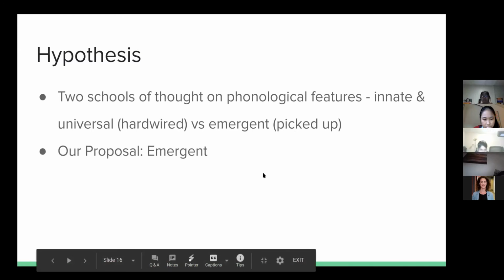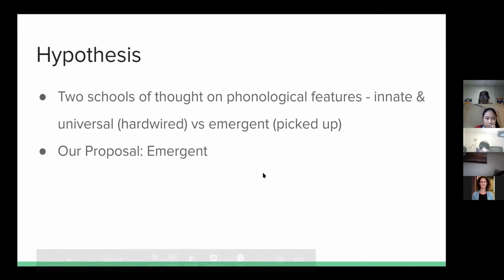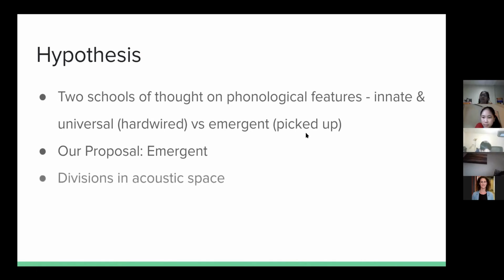The proposal we're trying to support with this project is the emergent school of thought. We believe that a learner starts out with a blank slate, and as they hear more and more phonemes and recognize that two phonemes are different in a certain way, it creates a division in the acoustic space.